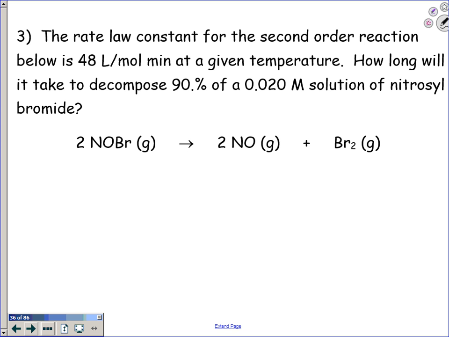All right, so 3, the rate law constant for a second order reaction below is 48 liters per mole minute at a given temperature. How long will it take to decompose 90% of a 0.02 molar solution of nitrosyl bromide? Okay, start with what you know.